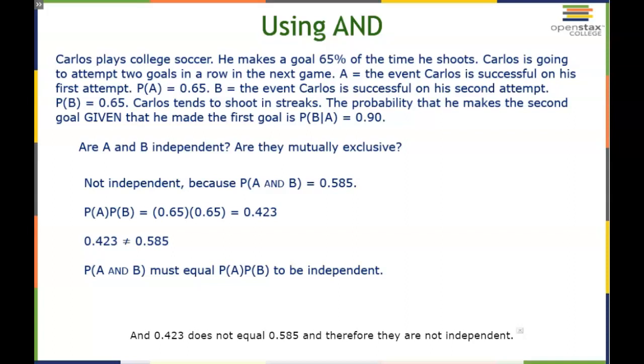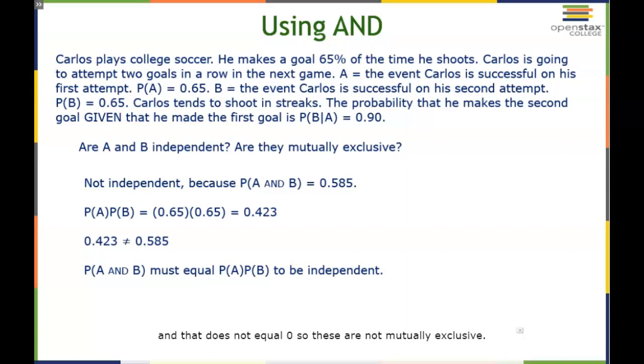We calculated that. The probability of A times the probability of B is 0.65 times 0.65, which is 0.4225. And that does not equal 0.585. And therefore they're not independent.